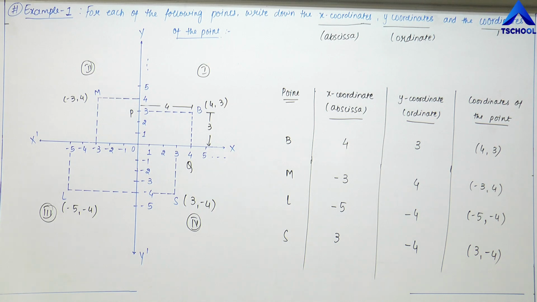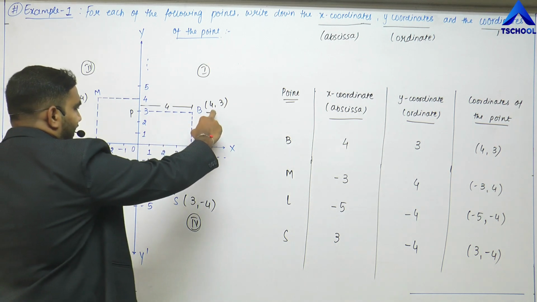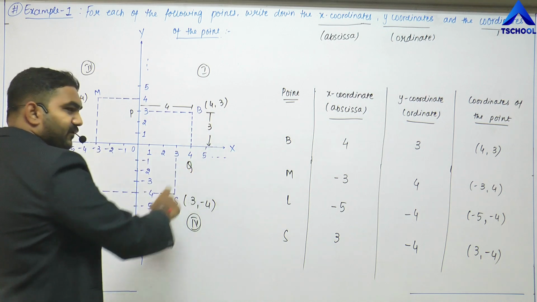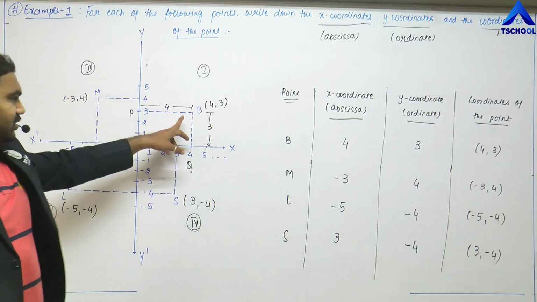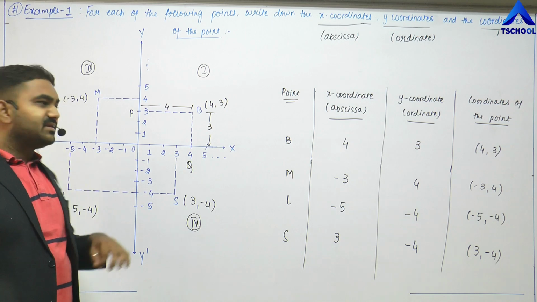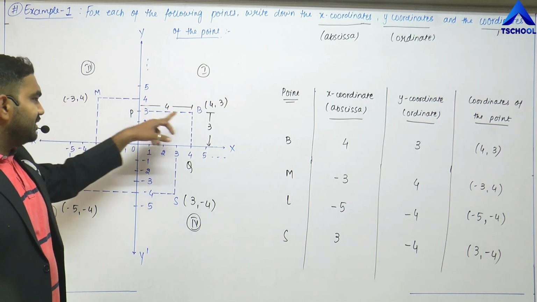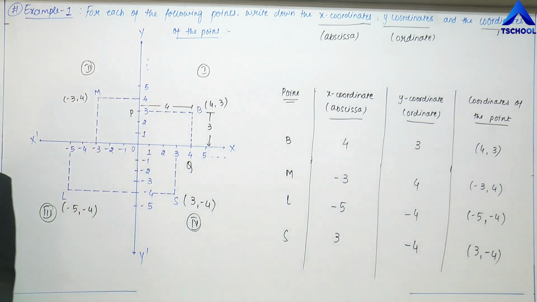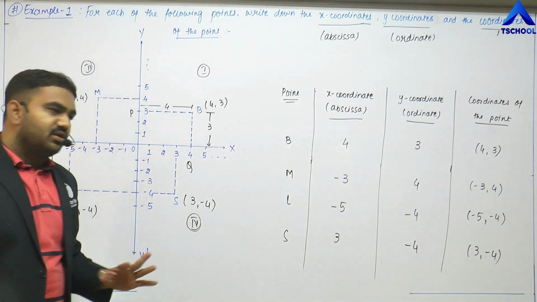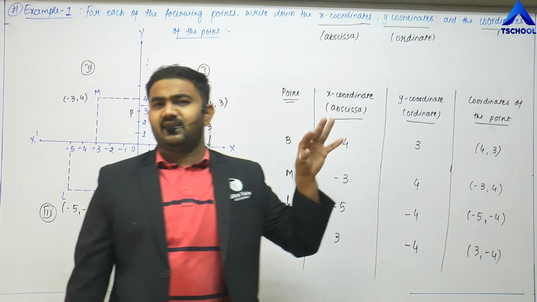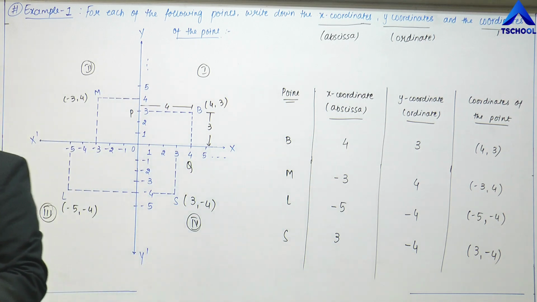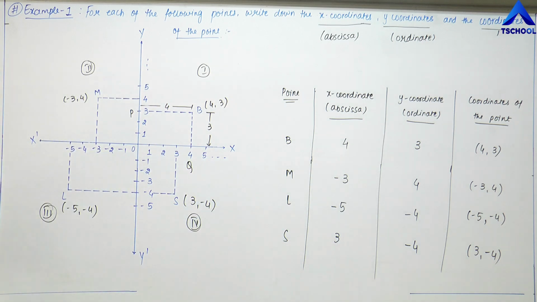Is it clear? So the x coordinate here is 4, at which the point intersects the x-axis, and the y coordinate is 3, at which the point intersects the y-axis. That is the shortcut. So you do not have to remember what is x coordinate and what is y coordinate by definition. Okay.